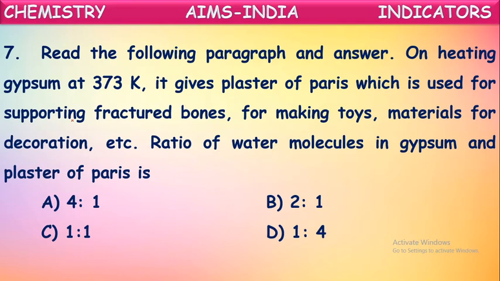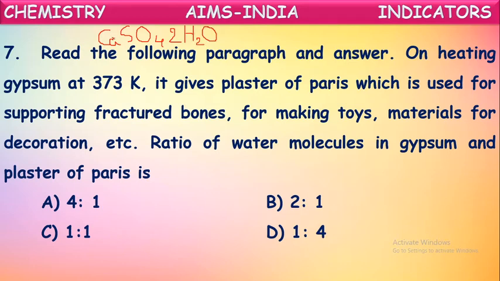The number of water molecules present in each molecule is known as its water of hydration. Now, gypsum has the formula CaSO4·2H2O, which means each molecule of gypsum contains two water molecules.